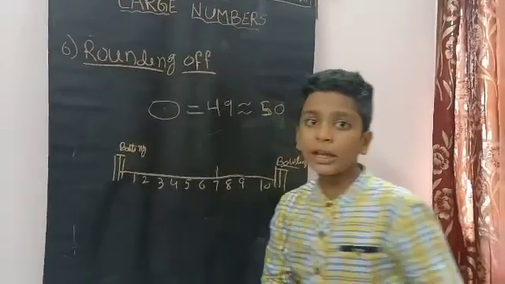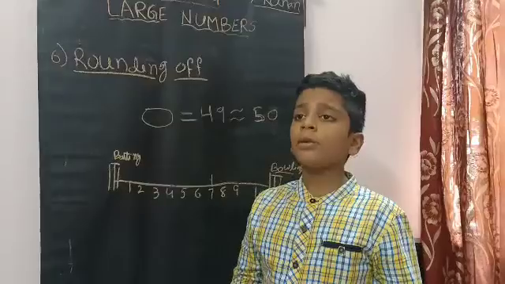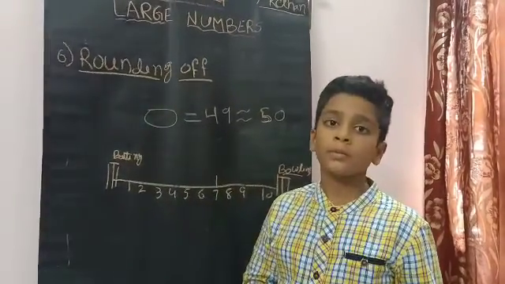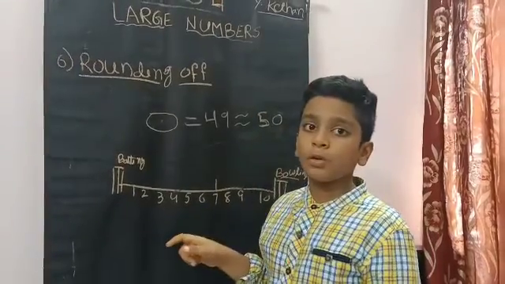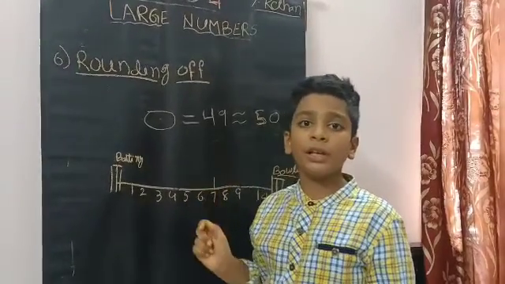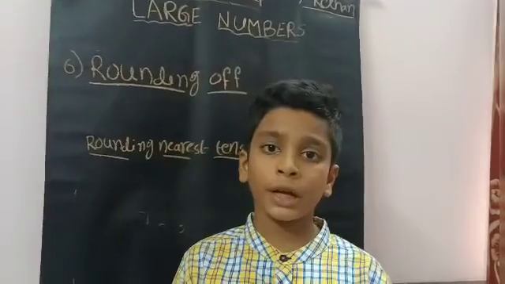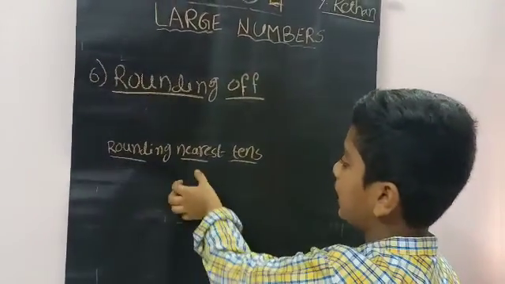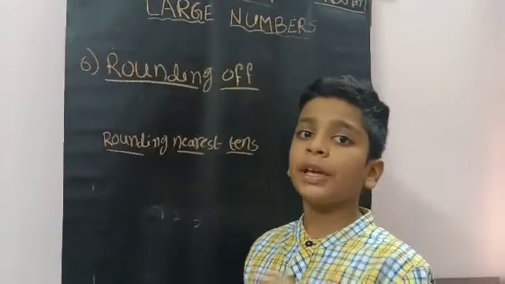We cannot tell the exact rate, but we say it is approximately 50 rupees, like that. In this round off concept also, it's the same, I will tell with numbers. My first concept in 6-1 is rounding to the nearest tens. It's very simple. I'll show you an example.